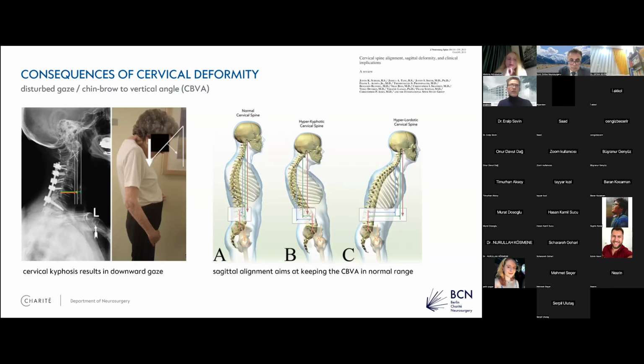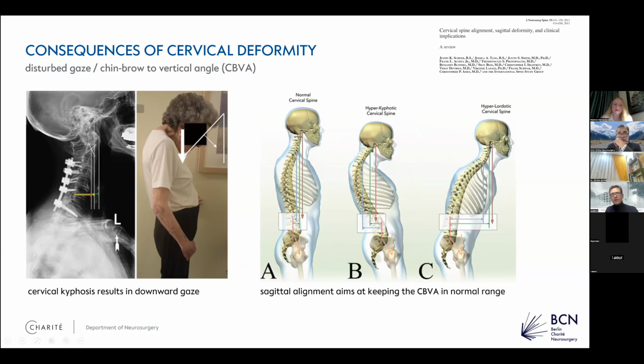I mentioned the consequence of the gaze. So even if you fix patients in a too kyphotic or only straight position, patients might end up with a pathological gaze. You all know the relevance of the gaze if you are fusing around the axial spine, but if you are not correcting the subaxial spine, this might also result in a gaze that is going down to the floor. And the patient will try to compensate for that. If the cervical spine is fixed and the gaze is fixed, the patient might increase his lumbar lordosis and have a forward tilt of the pelvis.